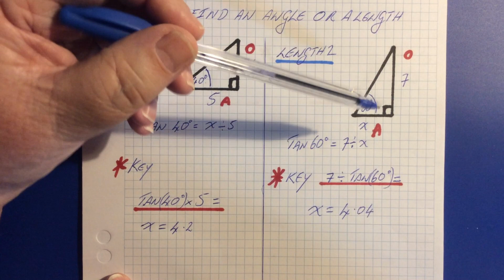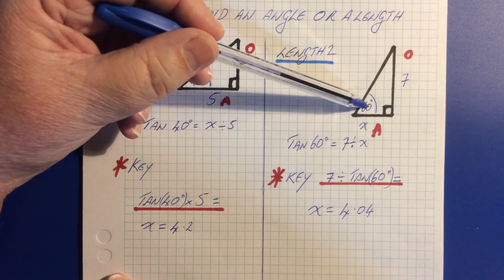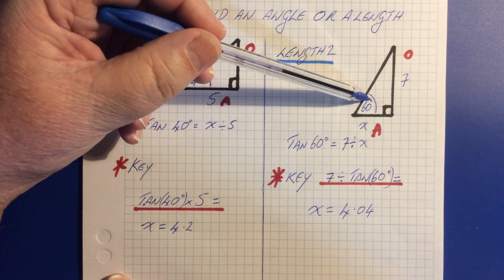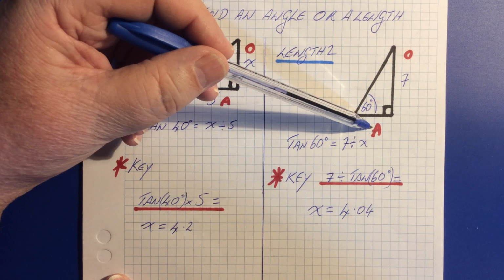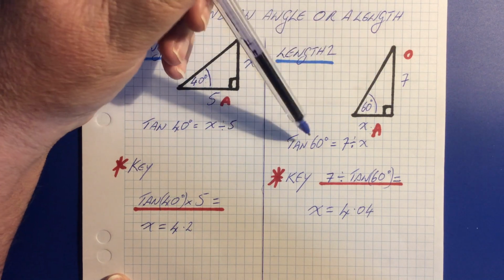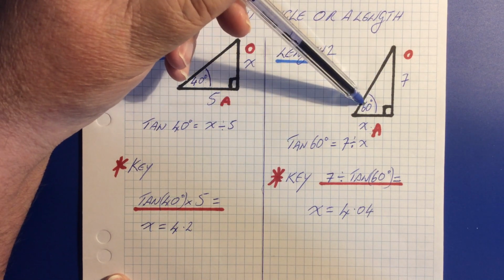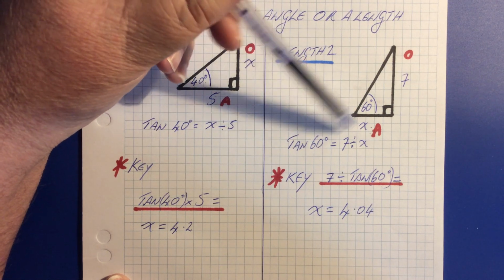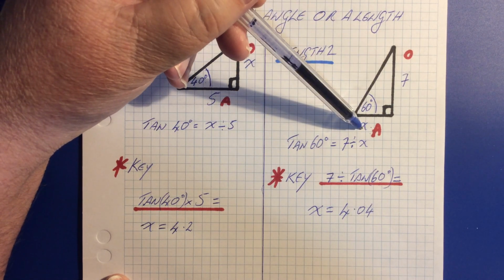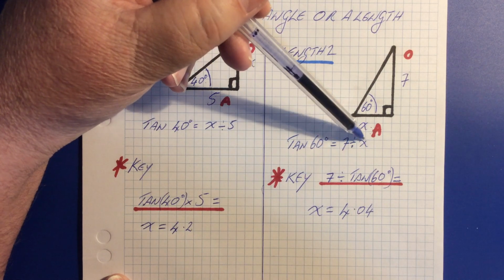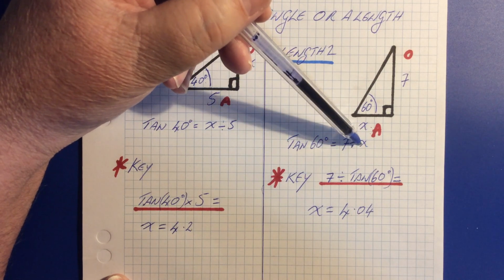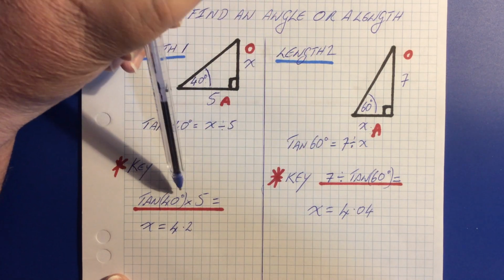angle. Now, when the length that you're looking for is the adjacent side beside the angle, the scenario is that in this case we've got 60 degrees. The tangent of 60 degrees is 7 divided by x. And what we're always trying to do is get x on its own. That's what we did over here.